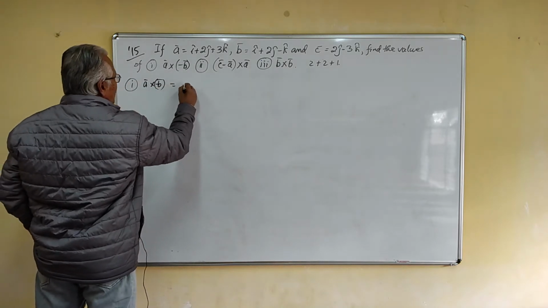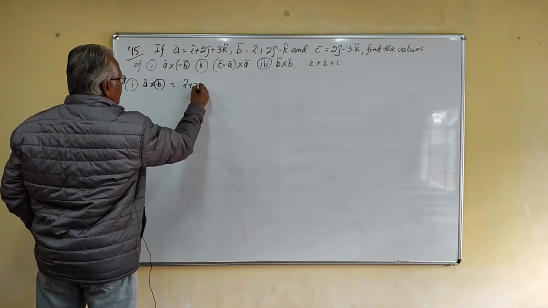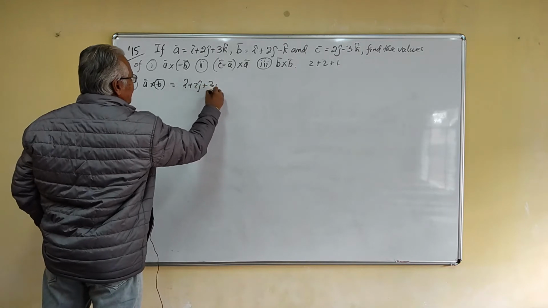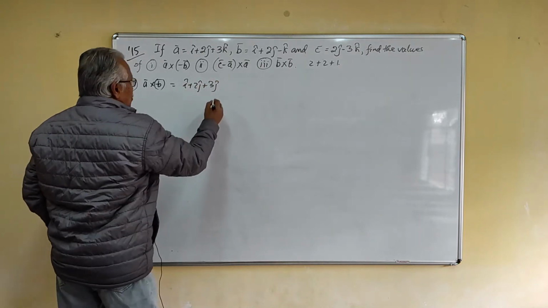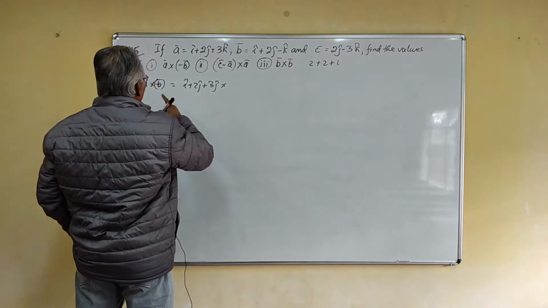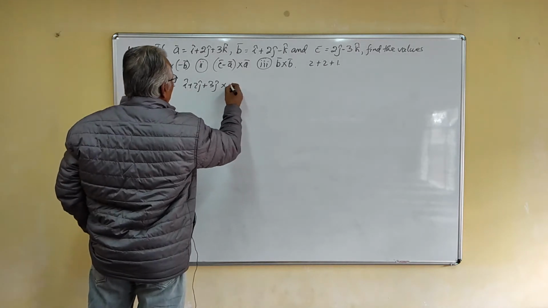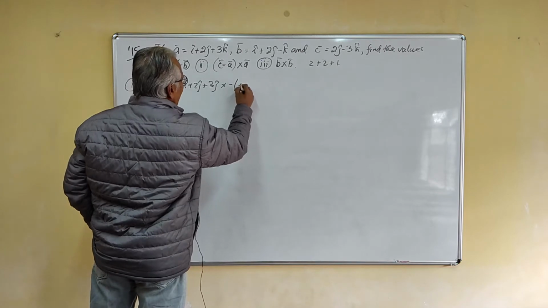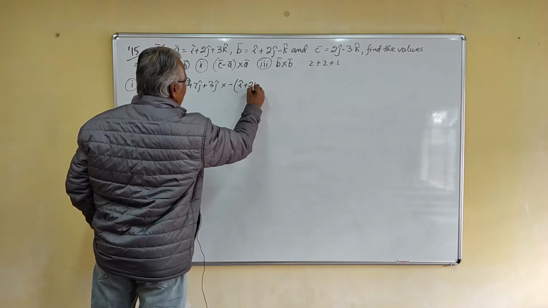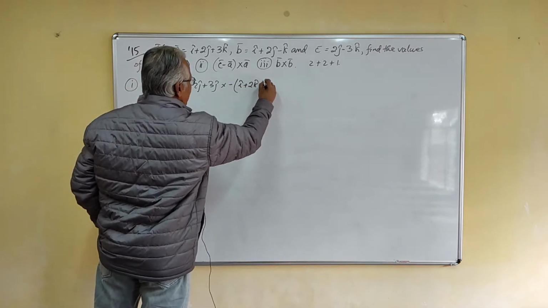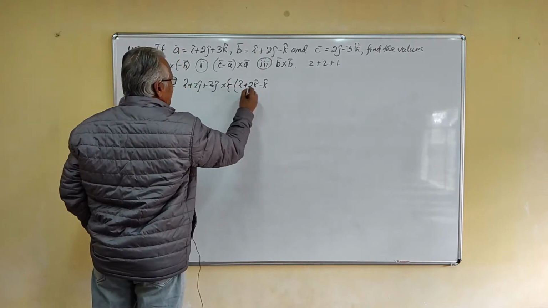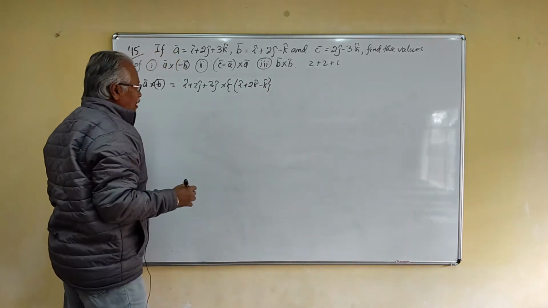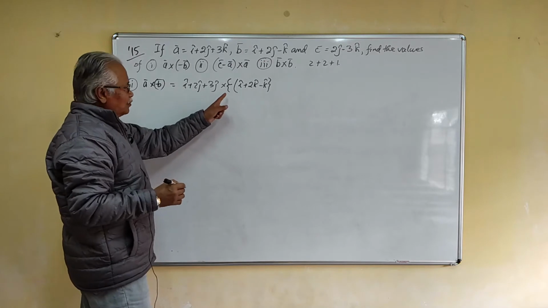A is given to be i plus 2j plus 3k, right? Cross minus B. So minus of i plus 2j minus k. Okay, let me put it in the curly bracket to avoid the confusion.